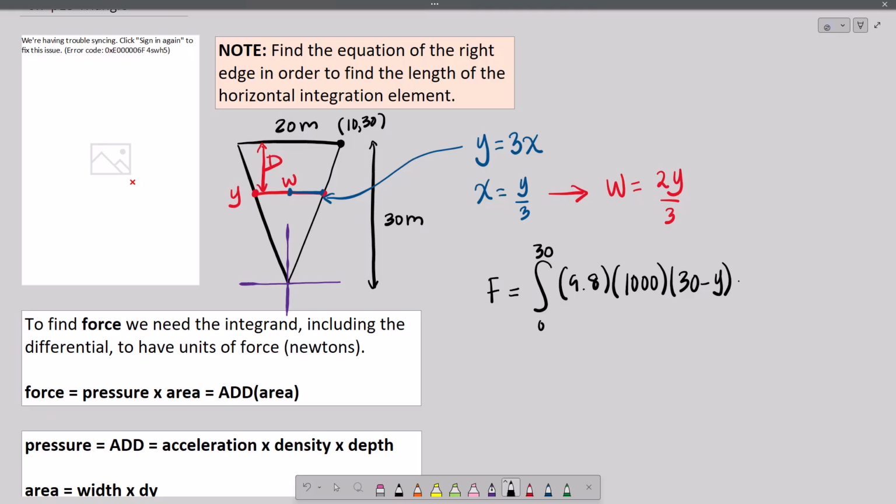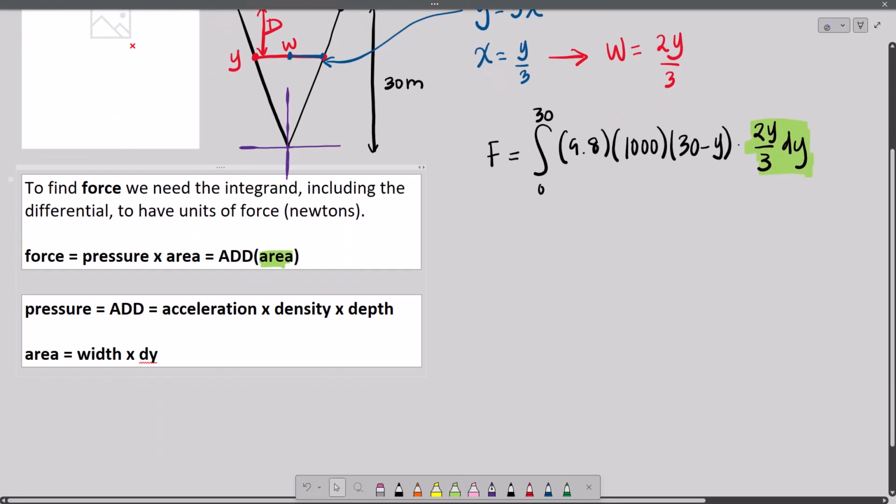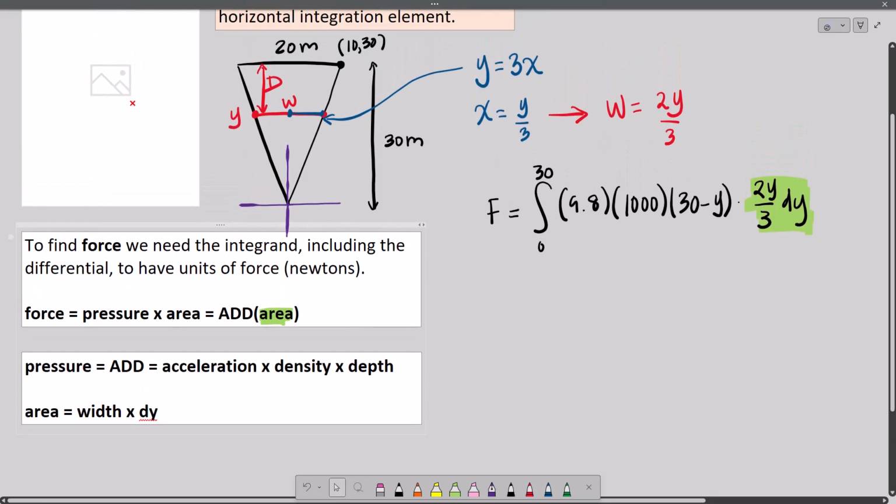So we put in our width, which is 2y thirds. We put in the dy. This is the area that we are talking about in our formula right there. That is our area. Width times dy. Okay. So remember that dy has a dimension to it. It's got units of length, so it's adding a dimension.